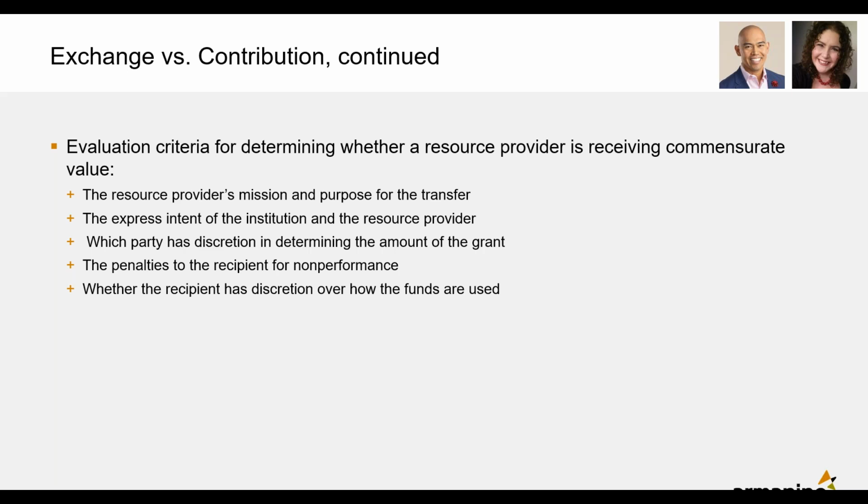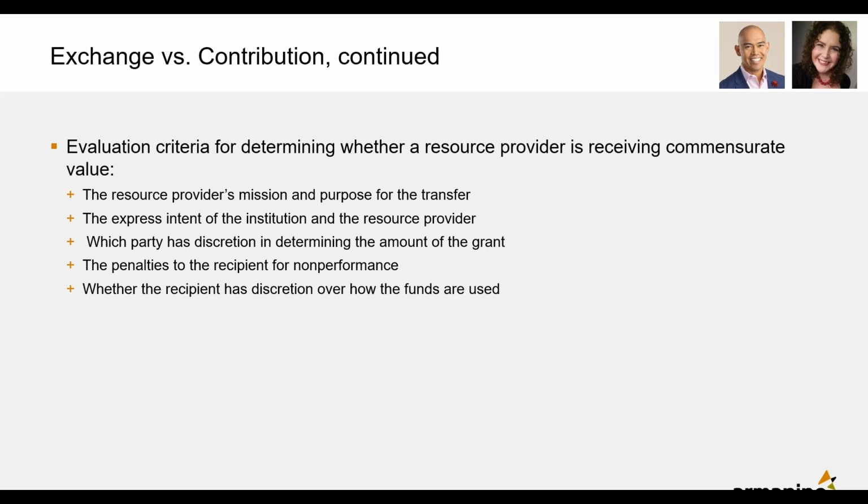If you're getting a donation and it's not on mission, then it might not be commensurate value. What is the intent of the institution? Was their intent to make it of commensurate value? Sometimes there are arguments also when you're thinking about donations in different currencies or from organizations abroad. Maybe their intention was to make a donation of commensurate value, but the exchange rate tanked.